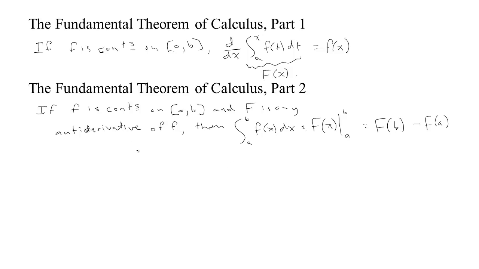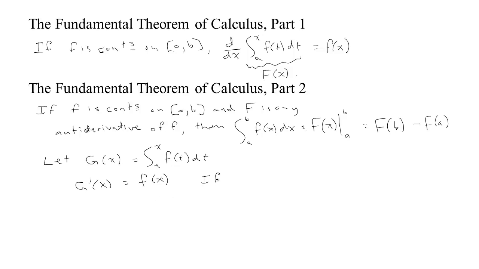Now, in order to prove this, let's let g of x be this integral. I'm going to integrate f of t dt here. So we're going to do this function. Now we know that this is a function whose derivative is f of x. That's what the fundamental theorem part 1 guarantees us.